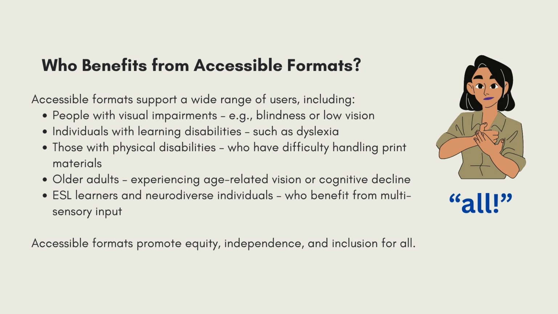It includes individuals with learning disabilities, such as dyslexia, for example, those with physical disabilities, so they may have difficulty handling print materials, older adults, those who experience age-related vision or cognitive decline, English as second language learners, and neurodiverse individuals as well, who may benefit from multi-sensory input. So again, accessible formats promote equity, independence, and inclusion for all.